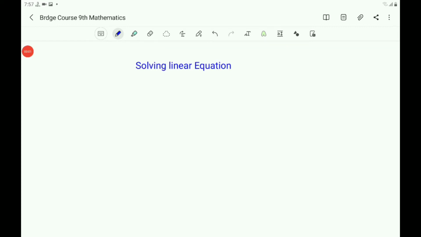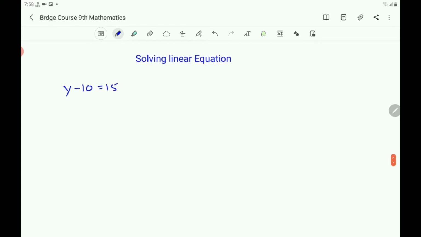Children, you know the method of solving the linear equation in one variable. Now let us take one example. y minus 10 equals 15. Here we see the variable is y. Only one variable is there. How will you find the value of y here? Solving means finding value of the variable.